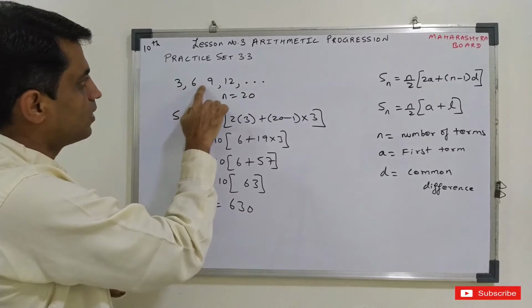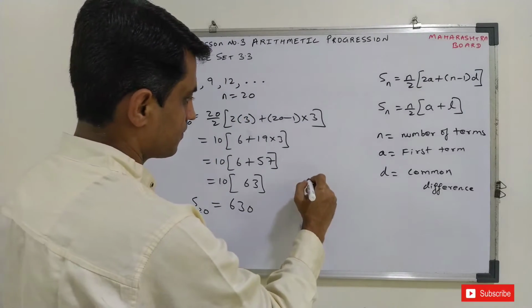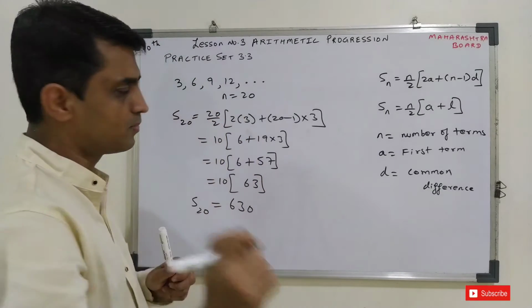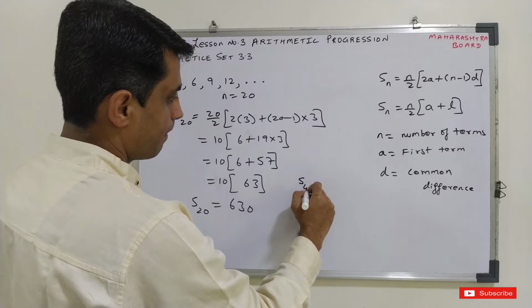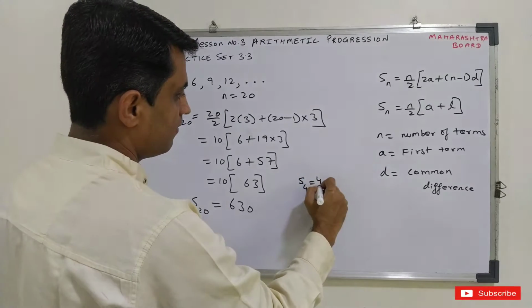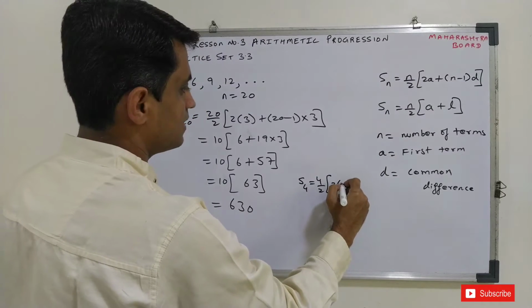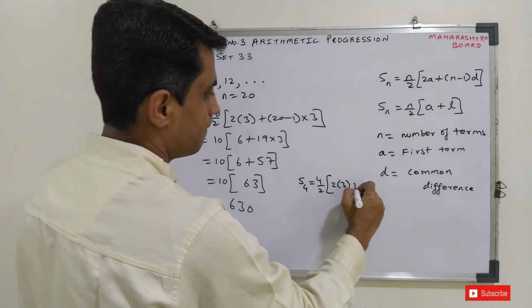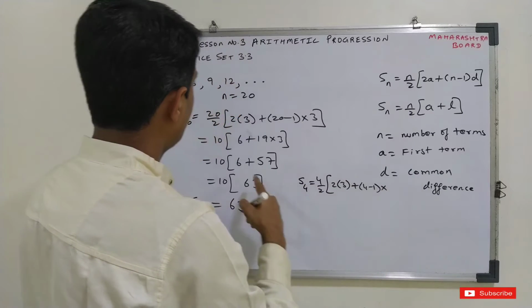Now you can check for the fourth term. Only 4 terms suppose. So we will write here S4 is equal to 4 upon 2, we are using this formula, 2 into a, what is our a? 3. Plus 4 minus 1 into d, what is our d? 3.